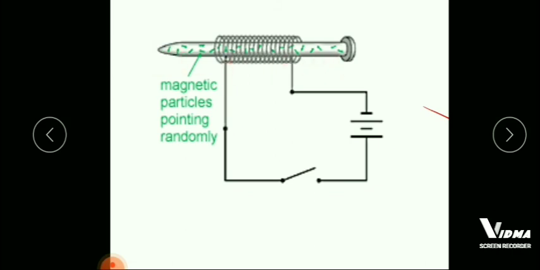If we remove the supply of current, the iron nail will lose the magnetism, and if current passes through this solenoid, then this iron nail will become a magnet. So the iron nail gets temporary magnetism only when the current passes through.